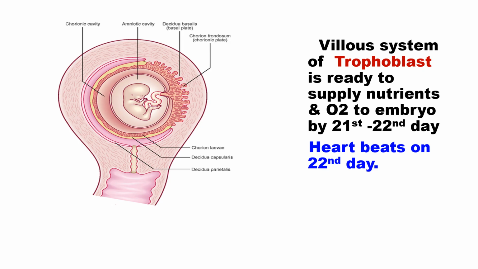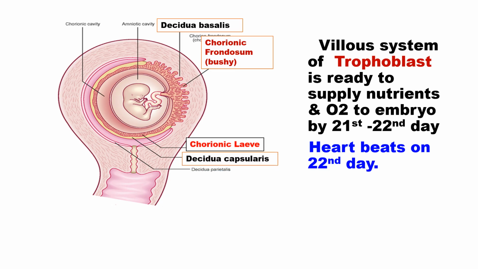The villus system of the trophoblast, chorion frondosum overlapped by decidua basalis, is ready to supply nutrients and oxygen to the embryo by the 21st to 22nd day, and the heart beats as early as the 22nd day of intrauterine life. Whereas the villi at the abembryonic pole degenerate, that is the chorion laeve, which is overlapped by decidua capsularis.